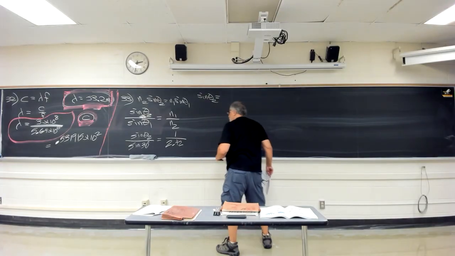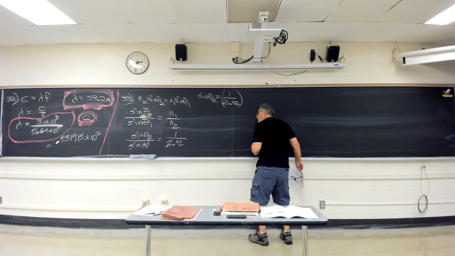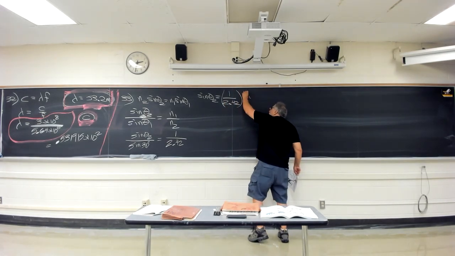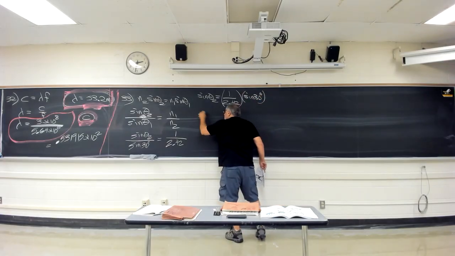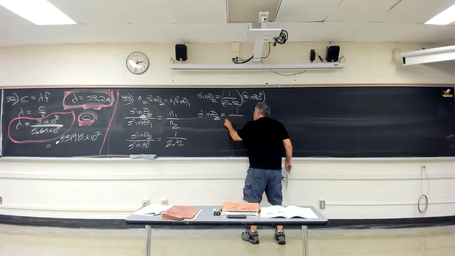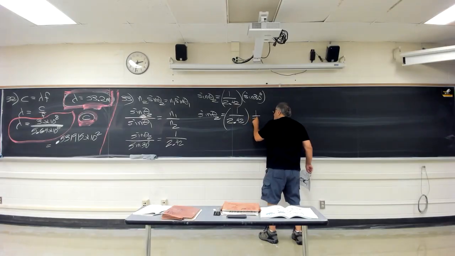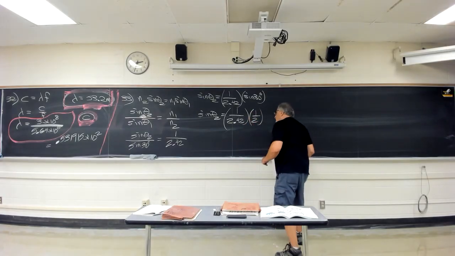Sine theta 2 equals 1 over 2.42 times the sine of 30 degrees. The sine of 30 degrees is a half.